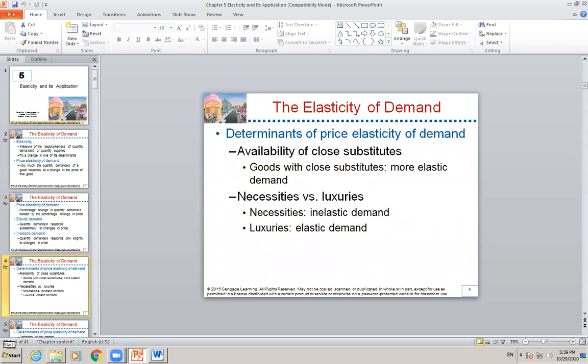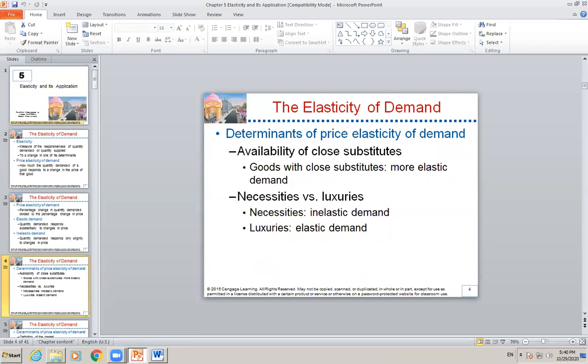Determinants of the price elasticity of demand: availability of close substitutes. Goods with close substitutes have more elastic demand. And the example I gave you of necessities versus luxuries: necessity products have inelastic demand. No matter what happens, cigarettes are an example of a necessity product for people who smoke and are addicted to it.